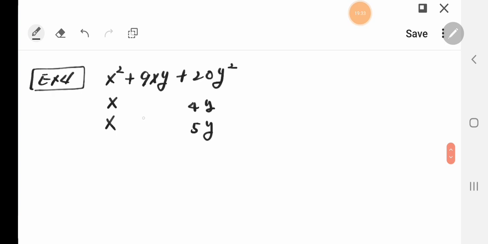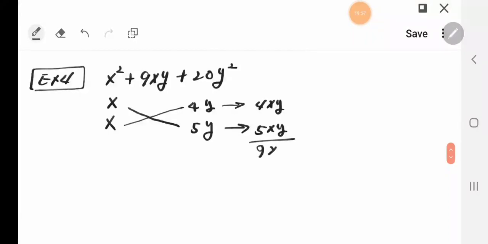And then do the cross multiply. Actually, 20 can also be a product of 2 times 10, but 2 times 10 does not work, so we try 4 times 5. Then the cross multiply is 4xy and this cross multiply is 5xy, then the sum is 9xy.